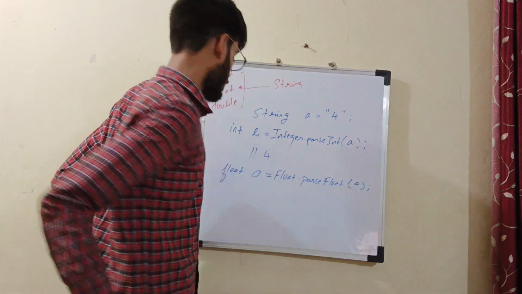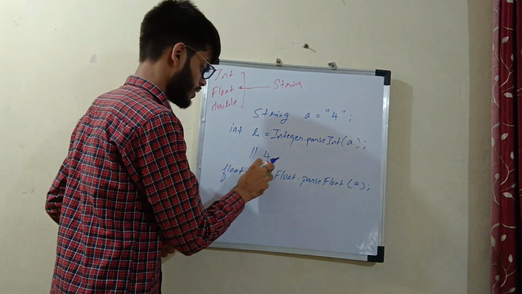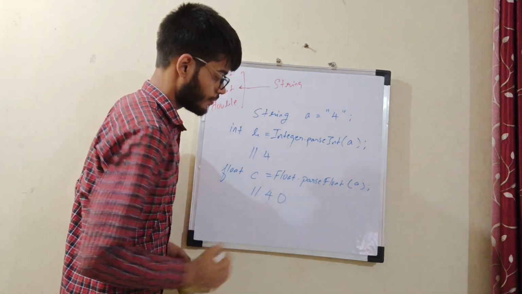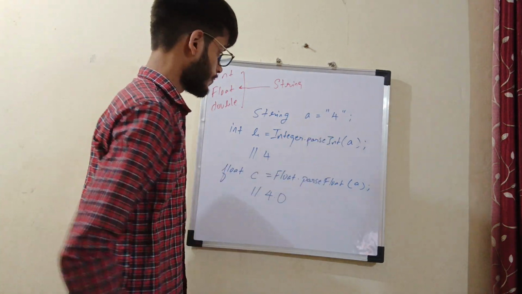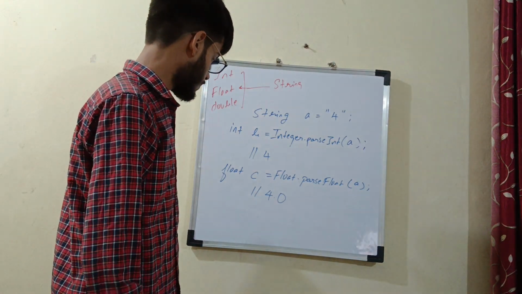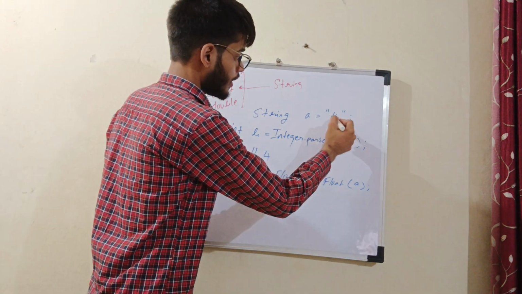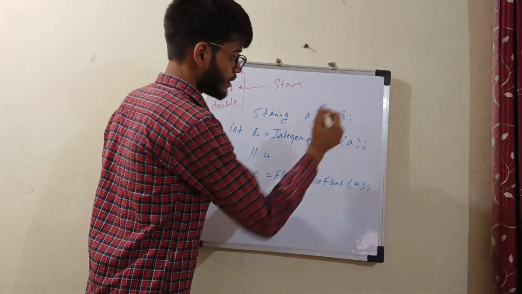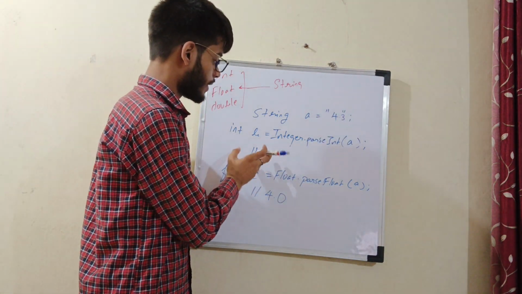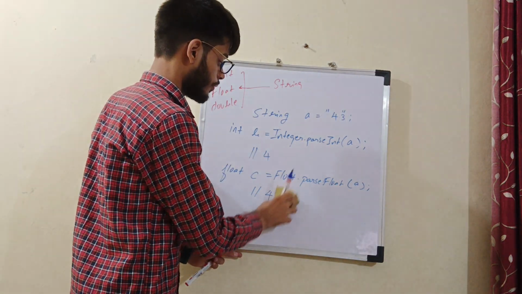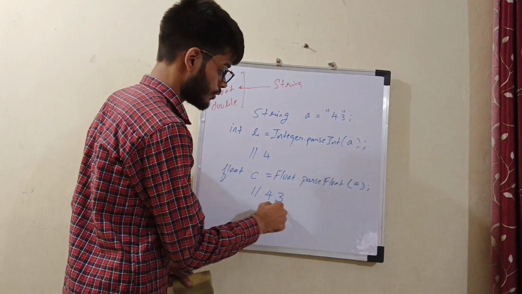So what you will get when you print the value for c is 4.0 as it is 4. What if over here we had 4.3? Then we'll be getting 4 as an output for this int b, and 4.3 as an output for this floating value. Same goes with double.